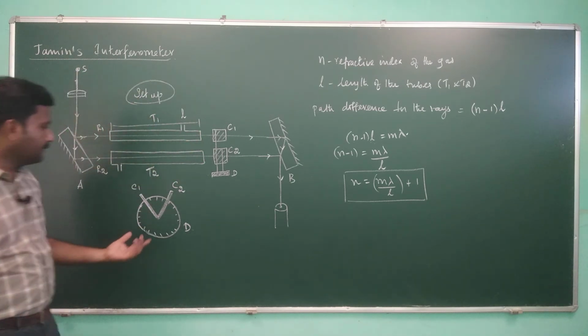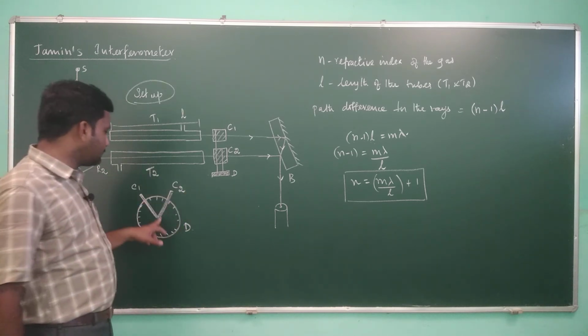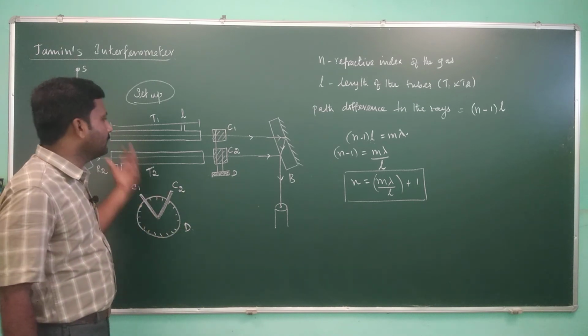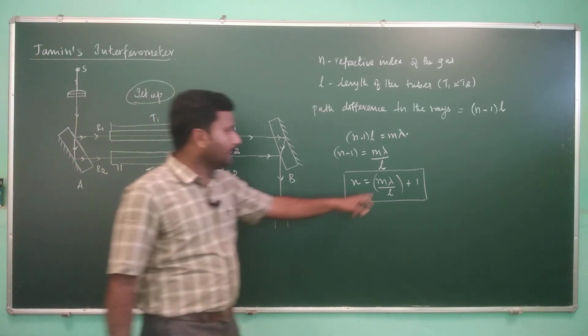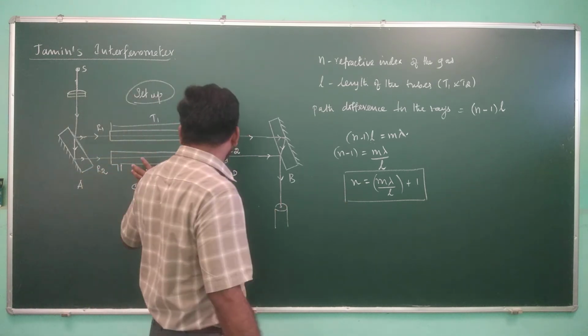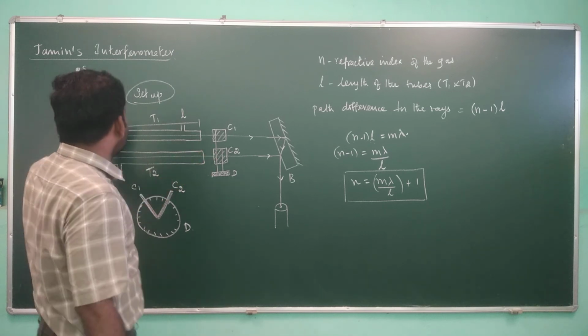One point is that there is a disc, which is a circular scale. This scale itself gives you the direct value of the refractive index of the gas material, that is, the m and the refractive index, right? This is an experimental setup.